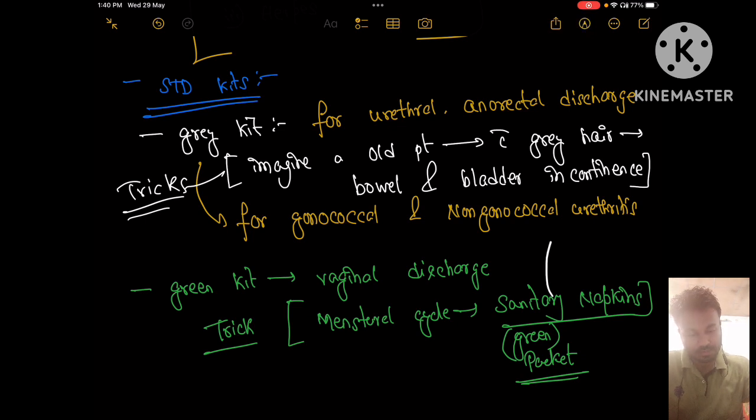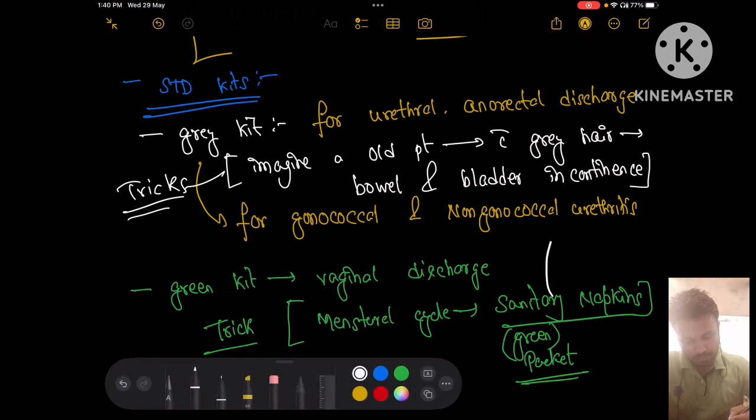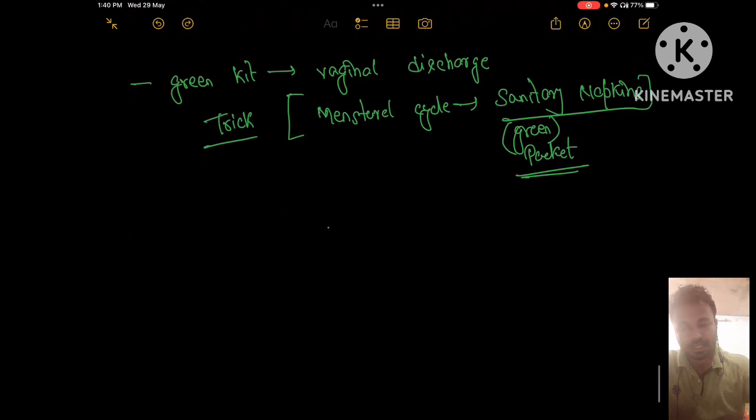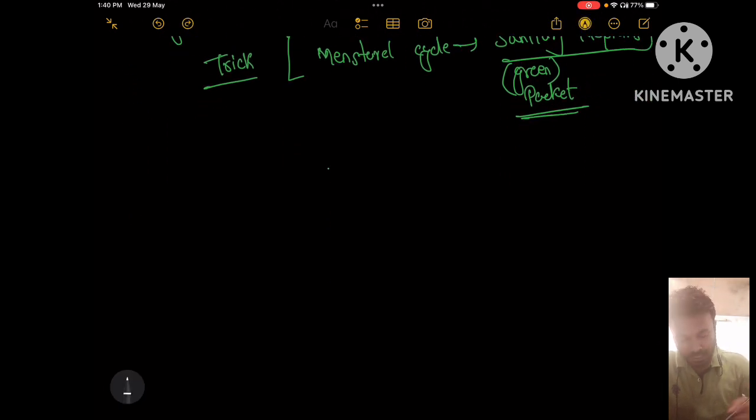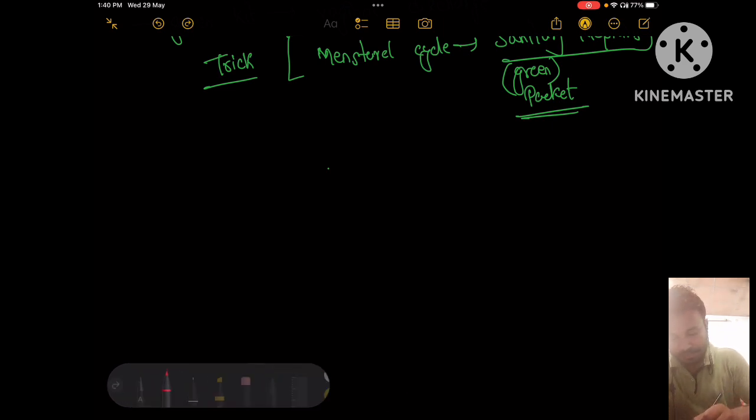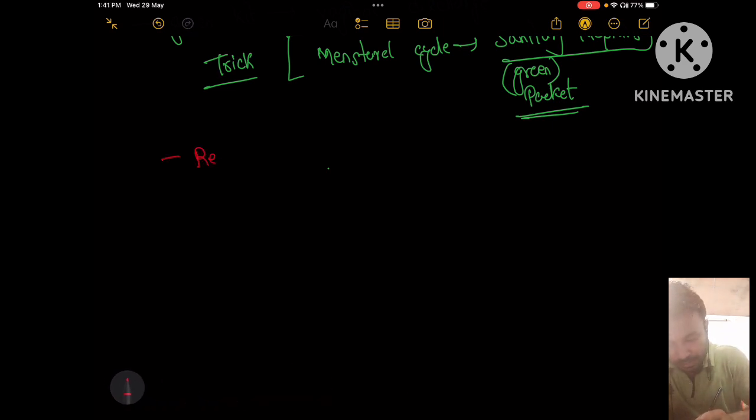Next is the red kit. The red kit is for herpetic ulcer.